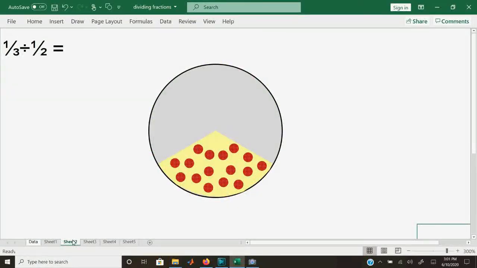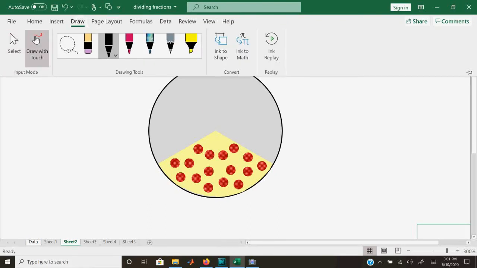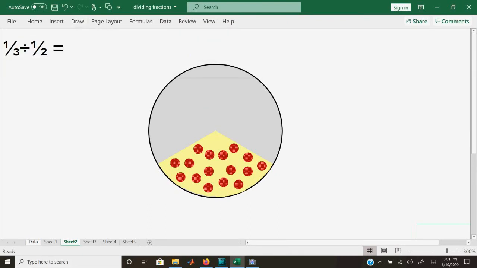So I'm going to take 1/3 and I'm going to divide it by 1/2. So I'm really trying to answer the question, how many people can get half of a pizza, or how many halves are there in 1/3?